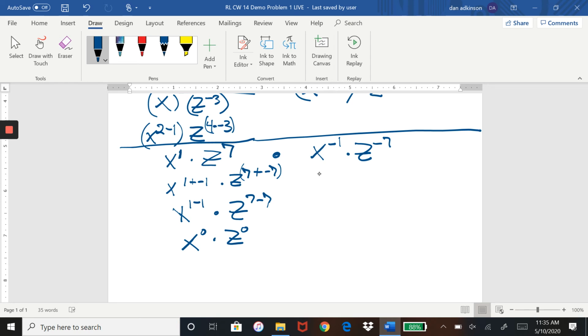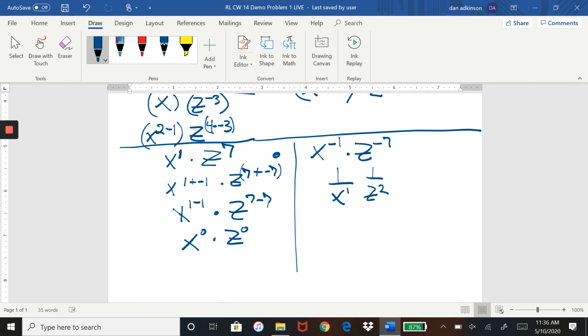So let's try something a little different on this side. Here we're going to change x to the negative 1 power into 1 over x to the 1st, and we're going to change z to the negative 7th power into 1 over z to the 7th power.